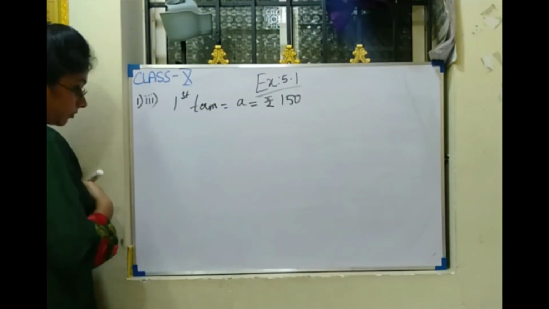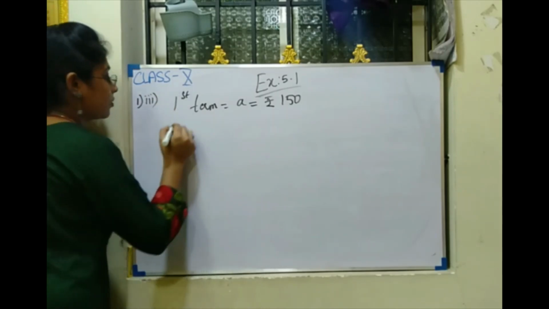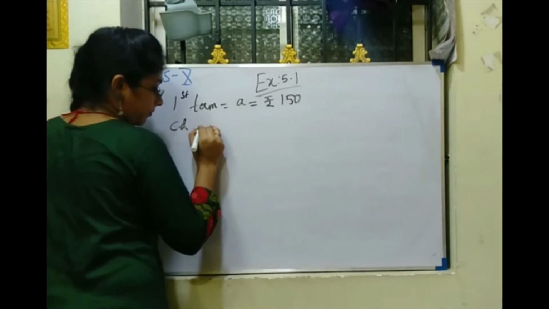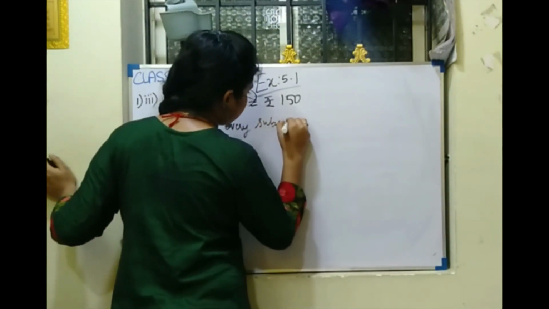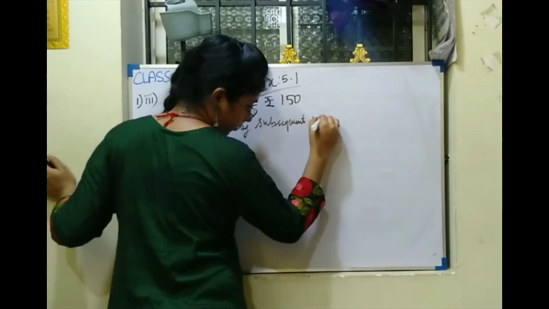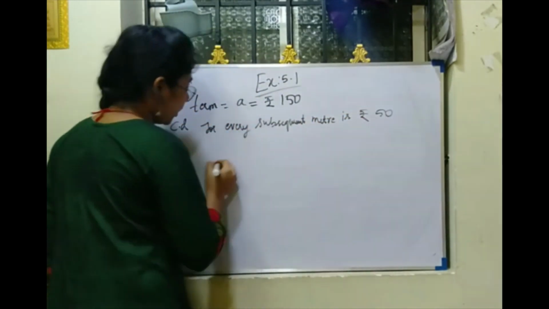They have given the common difference. So the common difference for every subsequent meter is rupees 50.